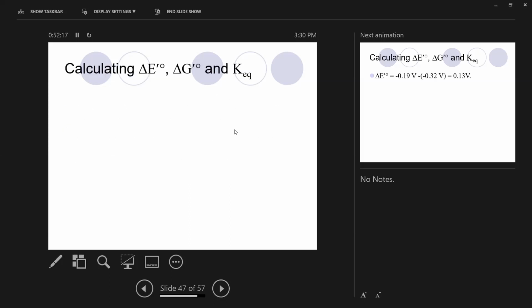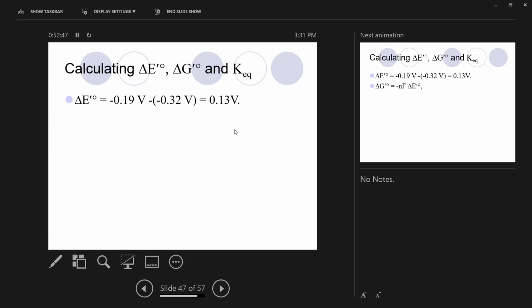Okay, these numbers are additive. So our biochemical reduction potential for this will be 0.19 volts minus, remember, you go to the barn and you get the red ox. The red ox, you do what's reduced first minus what's oxidized.